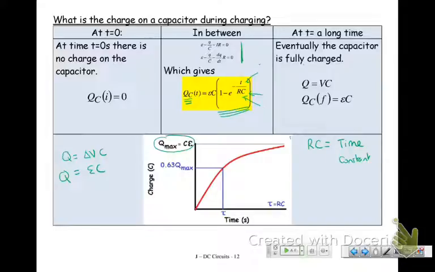If you get your calculators and find your e to the x and plug in minus 1, what do you get? It's going to be 0.36, 0.37, 37%. So at the time constant, you've fallen down, because it's a negative, by 37%.